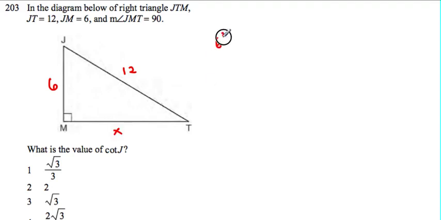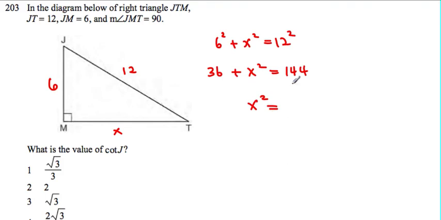Then here we get 6 squared plus x squared equal to 12 squared. Here we get 36 plus x squared equal to 144. By subtracting 36, we get x squared is equal to 108. Now take the square root, x becomes square root of 108.